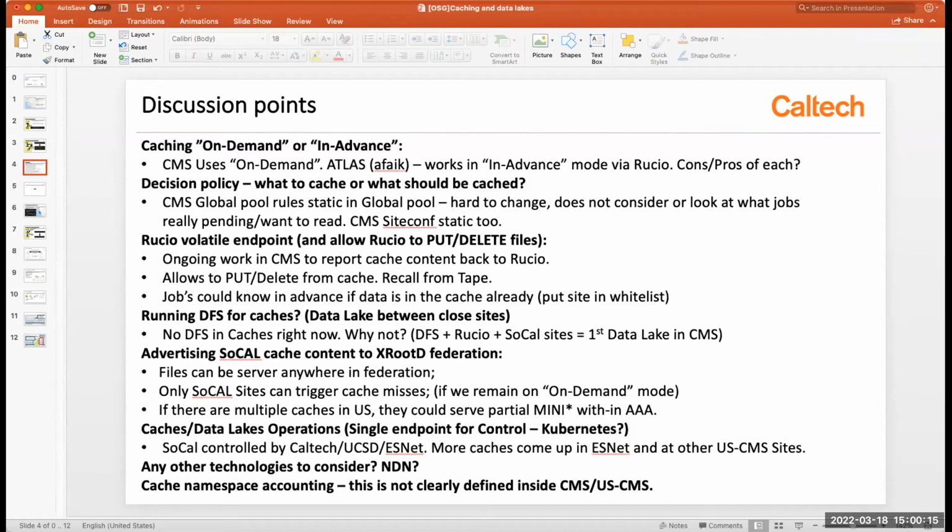Yeah, I was curious about what Atlas's model is, where these caches are filled by Rucio. Could you maybe describe a little bit of how that looks?